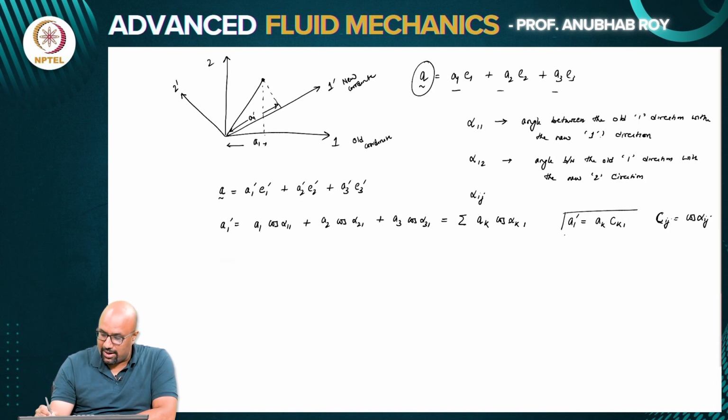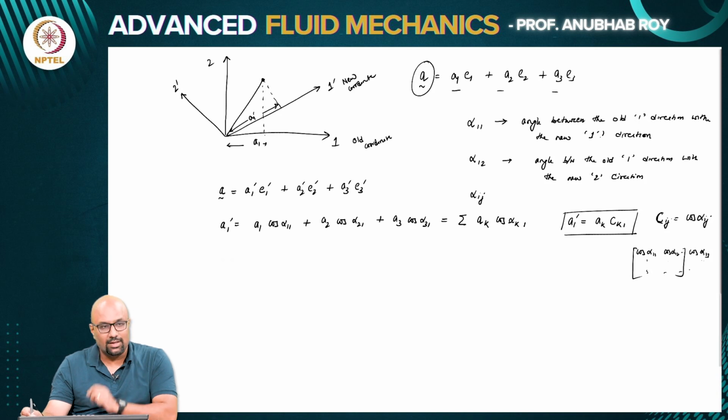So, a1 prime is now equal to ak ck1, and ck1 are basically my direction cosines that I have. So, you can think of this now as a matrix whose elements are going to be the direction cosines. So, it will have cosine alpha 1 1, cosine alpha 1 2, cosine alpha 1 3, and so on. It is going to fill up this particular matrix.